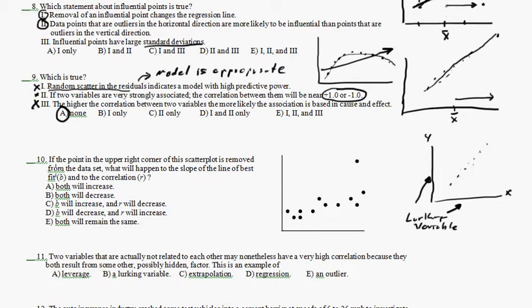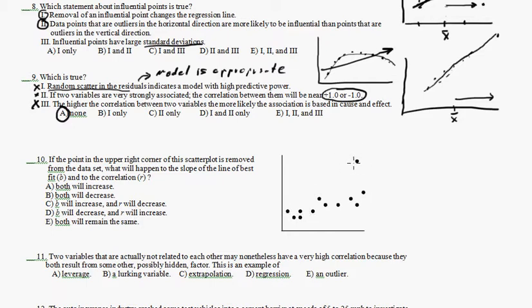Okay, 10. If this point right here was removed, what would happen? So we want to think of it in terms of the slope. So I'm going to work backwards, the slope and the R, the correlation.